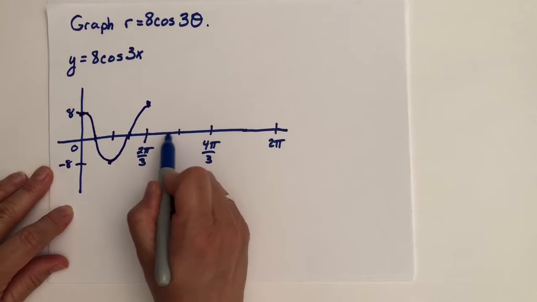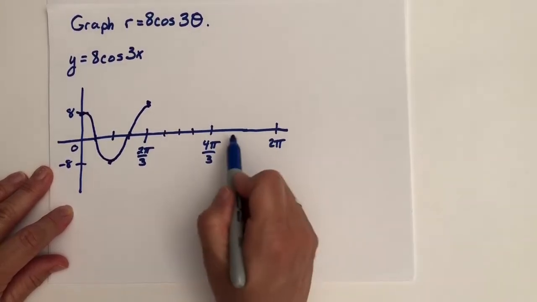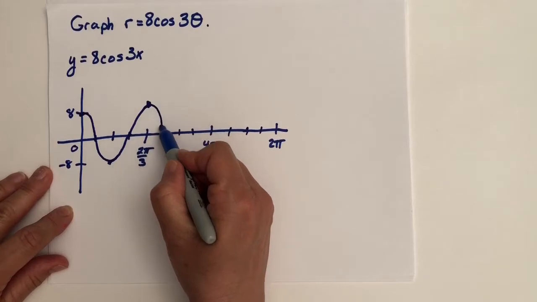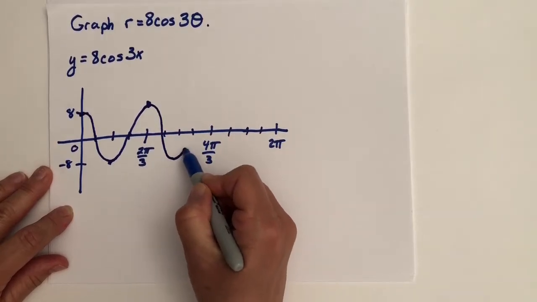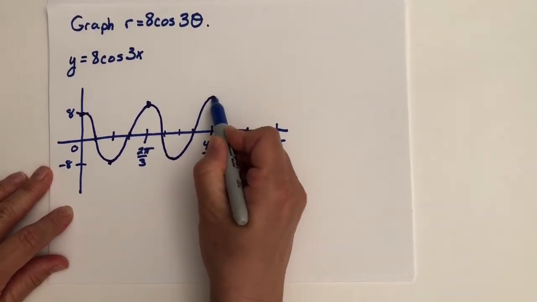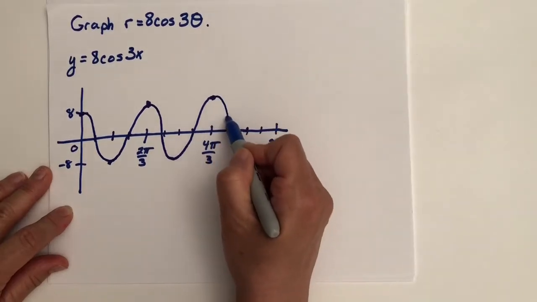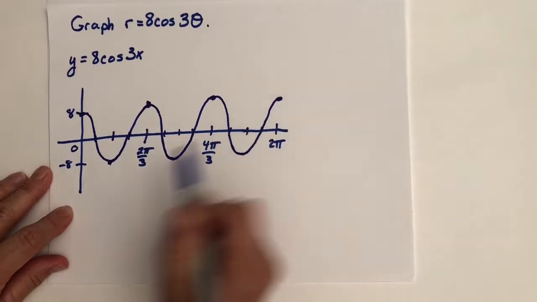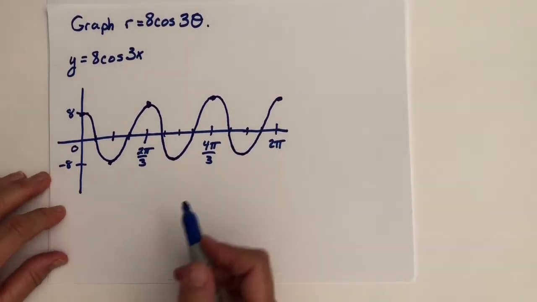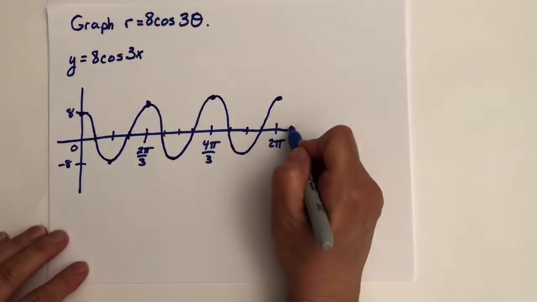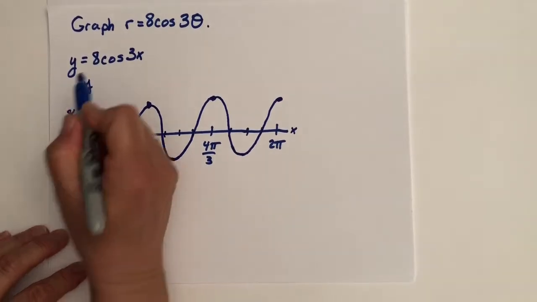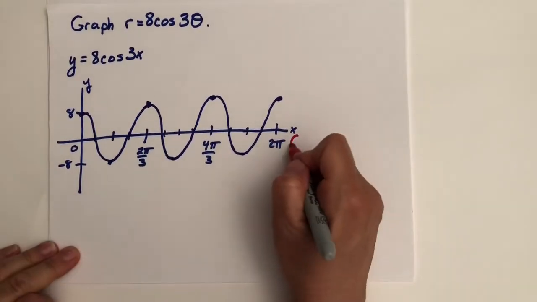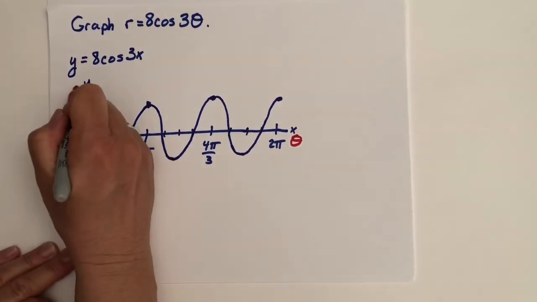And of course, it would do that for each cycle. So I've come down and back up. And I come down and back up. So here's my rectangular graph. This is x, this is y, and now when we translate it, we're going to think of this as theta, and this is our r value.